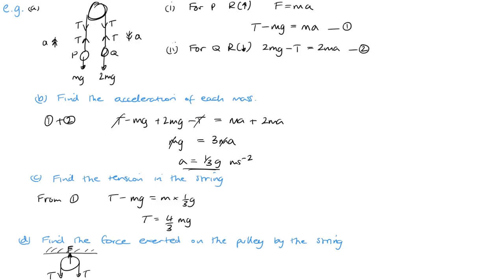So it is effectively 2T. Okay, so it's 2T, which equals 8/3 mg. I should put newtons in both of these. And that is part D done.